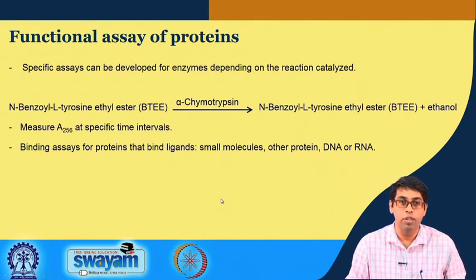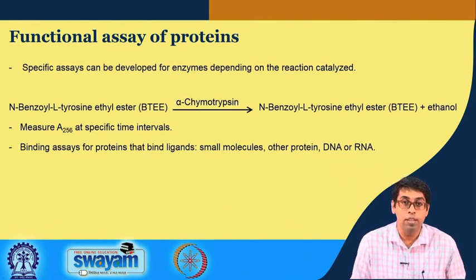Finally, if you are also interested in the functional aspect of a protein, then you will have to do some functional assays. If it is an enzyme, then specific assays can be designed that depend on the reaction that is catalyzed by that enzyme. One such example is shown here. Alpha chymotrypsin is a protease which cleaves after big bulky amino acids such as tryptophan and tyrosine. So, this assay uses that property of alpha chymotrypsin, and it cleaves the peptide bond between an N-benzyl group and a tyrosine.